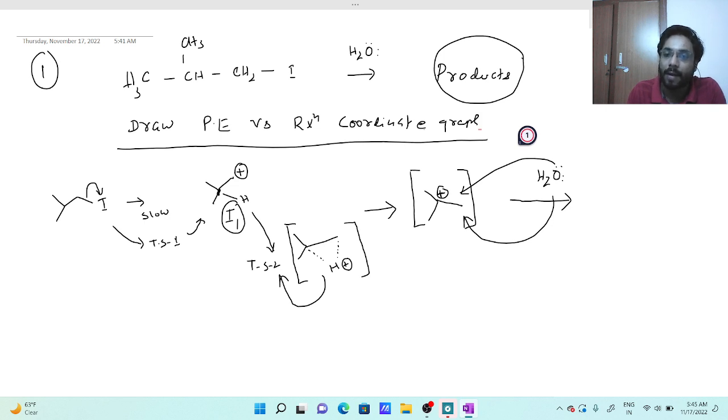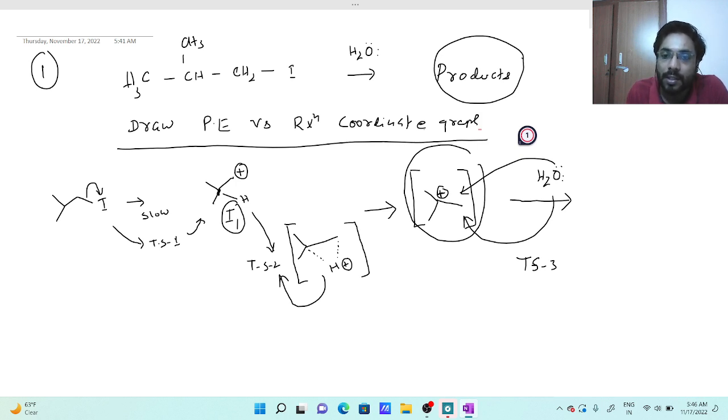Before the product formation, I would like to mention one more thing: here transition state 3 is also formed. What we are noticing is that beside each intermediate, two transition states are there.